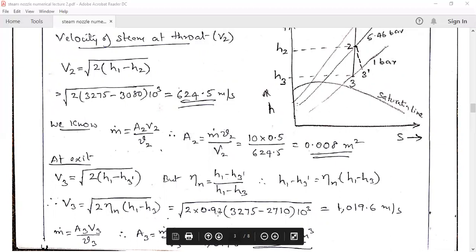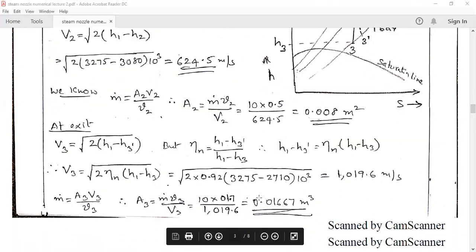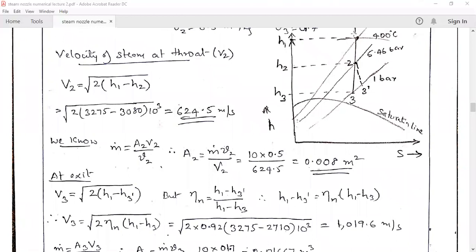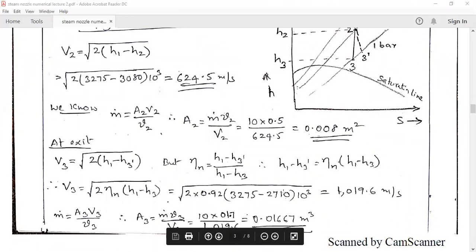The nozzle efficiency is 0.92, as given. Multiply by H1 minus H3 into 10 to the power of 3. Please don't forget that. Then you will get the velocity at the exit of the nozzle.